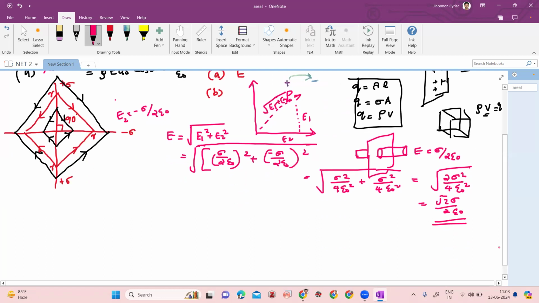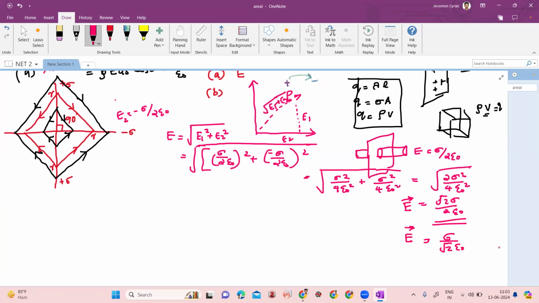So this is our answer: the net electric field is root 2 sigma by 2 epsilon 0. Or in another way, root 2 into root 2 is 2, then we can cancel one root 2, giving sigma by root 2 epsilon 0.